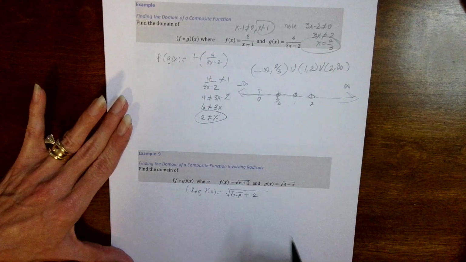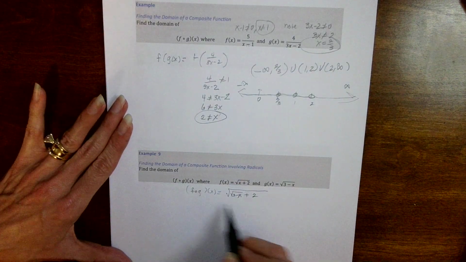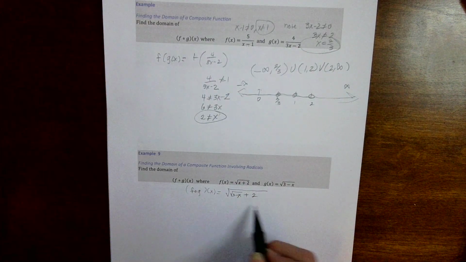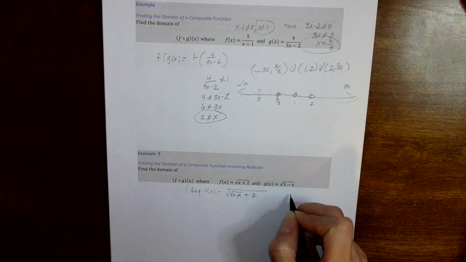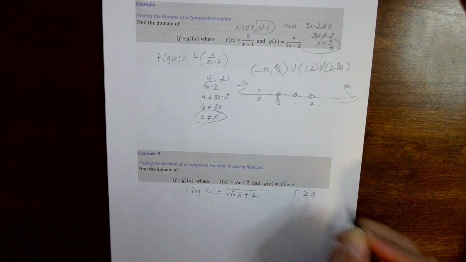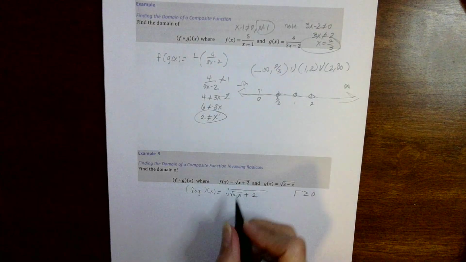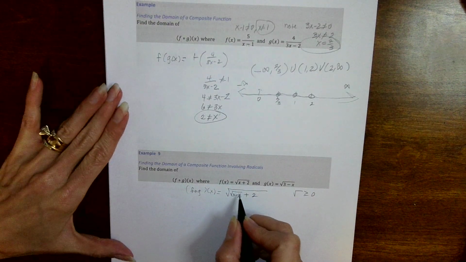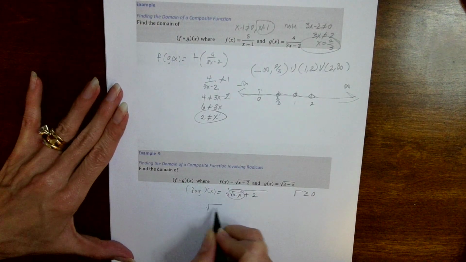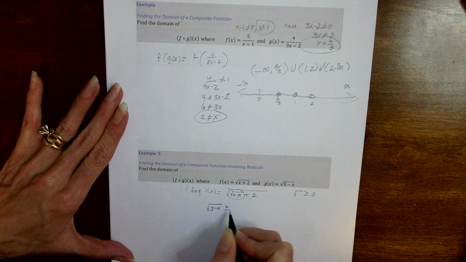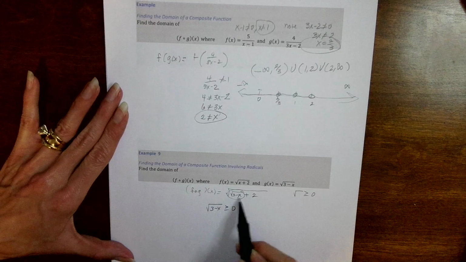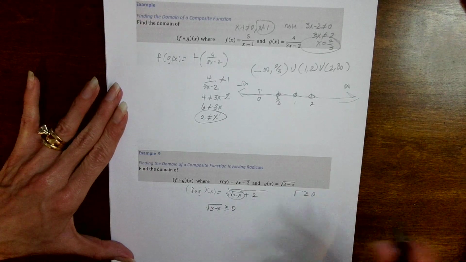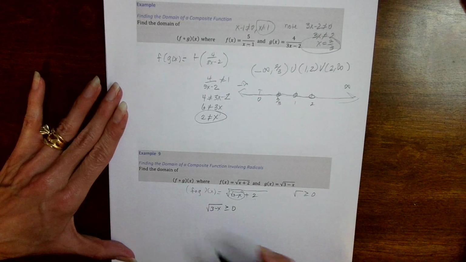And I know that square roots have to be greater than or equal to 0. And so I know that this guy right here needs to be greater than or equal to 0. Because whatever that comes, if this is 0, this is 2, so it's still a positive number, so we're good there. Oops, sorry about that.